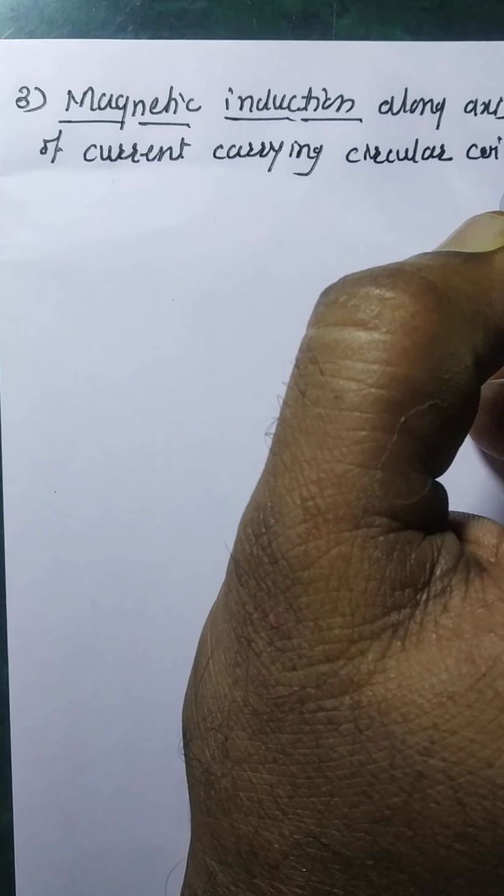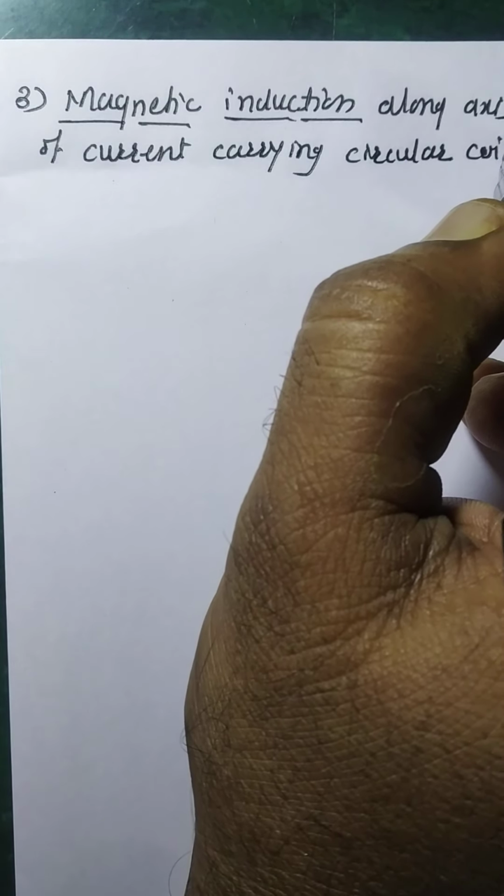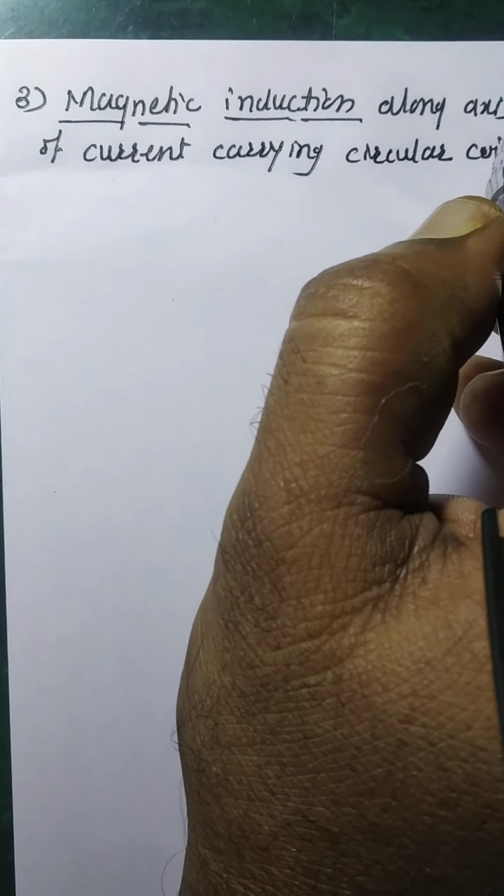Today we have to see magnetic induction along axis of current carrying circular coil.